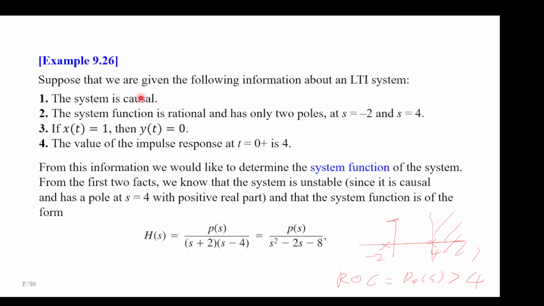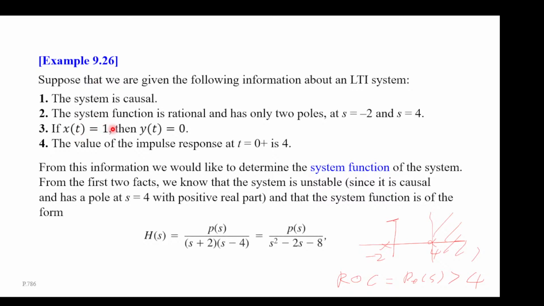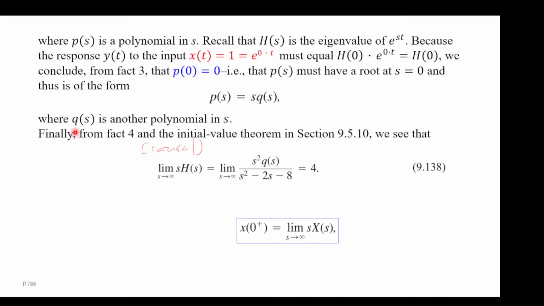The third one looks really weird, and there's a weird trick to know how it's actually used. You look at x of t equal to 1 and y of t equal to 0, and you wonder how you get information about H of s out of it. If you Laplace transform 1, you get some weird delta function thing, and that's annoying.